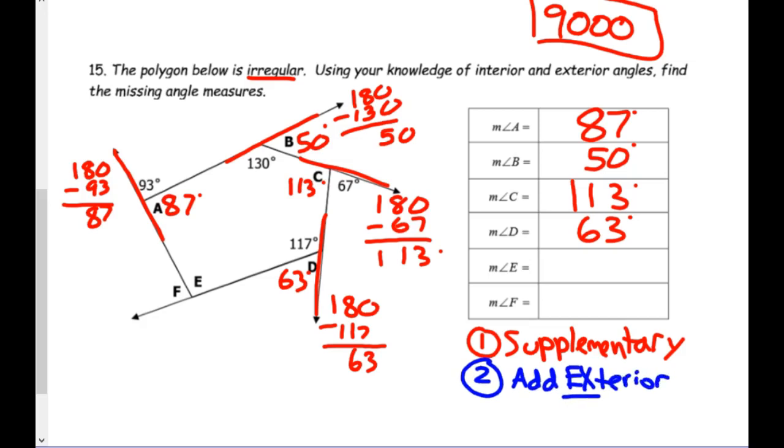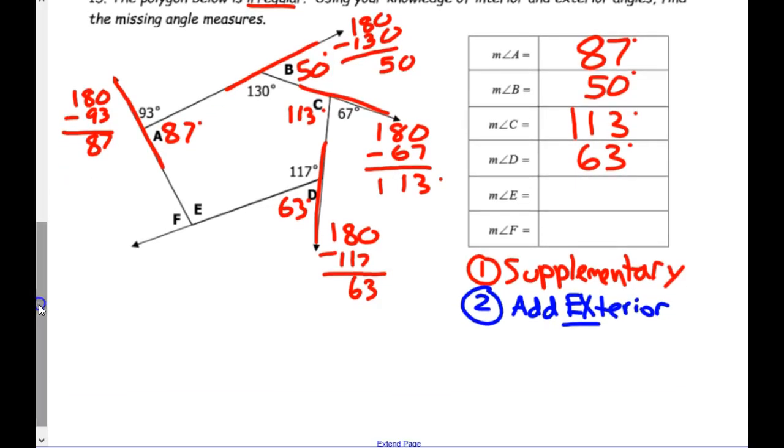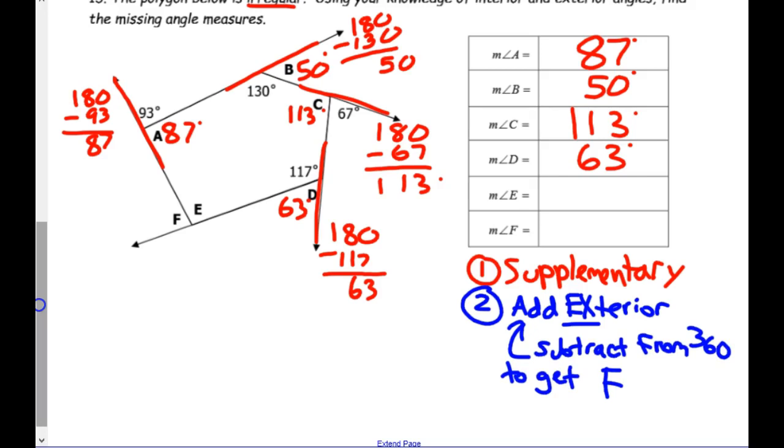And remember, since your exterior angles always add up to 360, you take that number and you subtract from 360 to get the missing exterior angle, which is F. Okay, so let me put some arcs on this. 93, 50, 67, and 63 are all exterior angles.